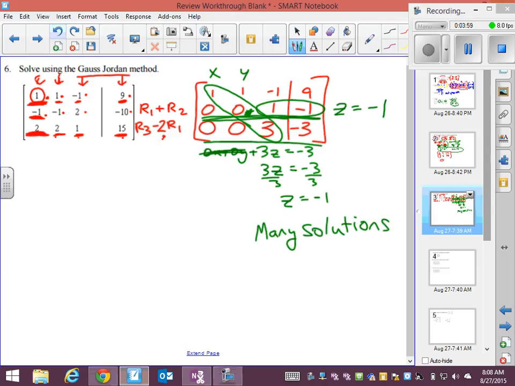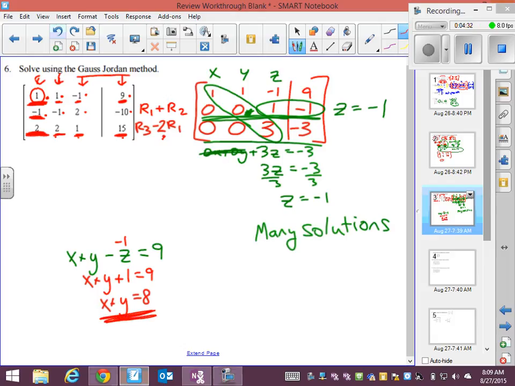So if you had to find an idea of what a general form of the solution is, you might start by looking at that top row and say x plus y minus z equals 9. But we already know z's value is -1, so that's going to be x plus y plus 1 equals 9, or x plus y equals 8. And so the solution is going to have to fit with this equation.